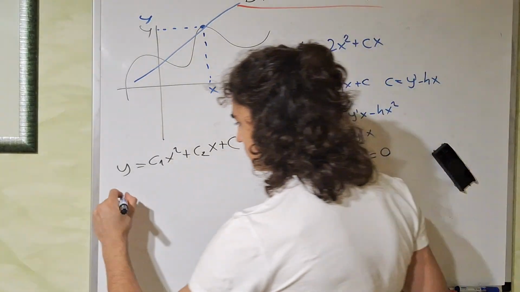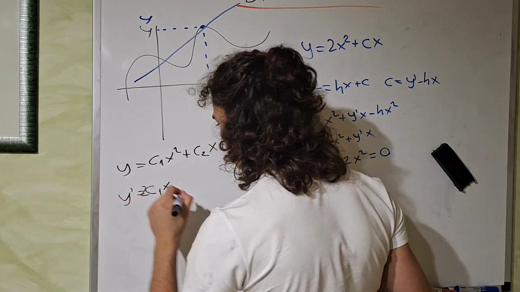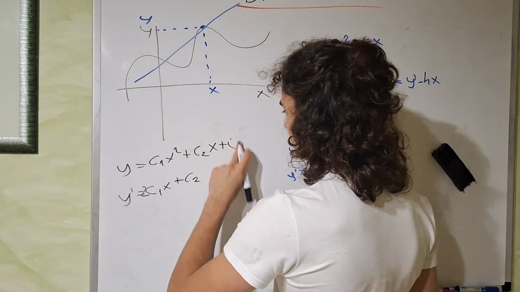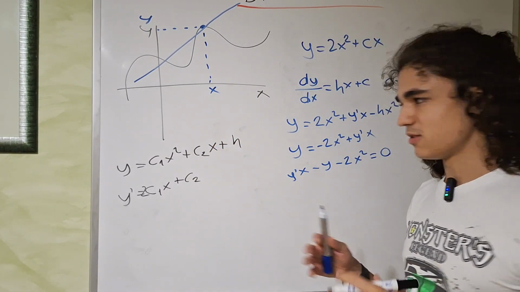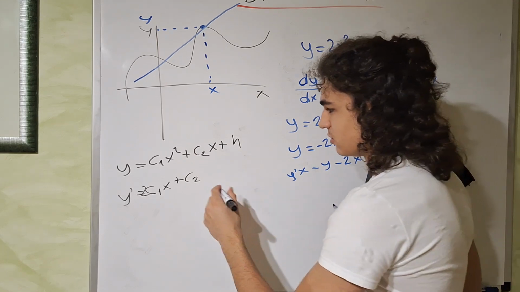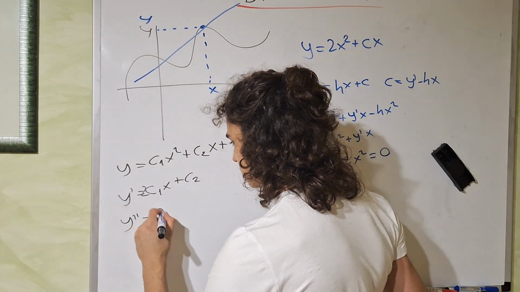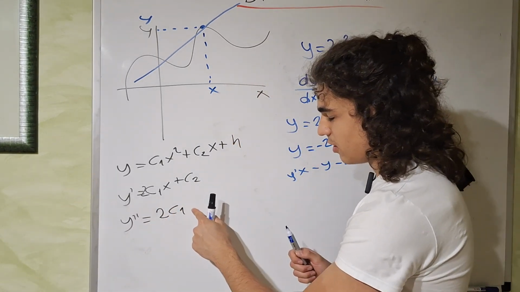So we're going to take the first derivative, 2c1 x plus c2, and the second derivative equals 2c1. We now know what c1 is.